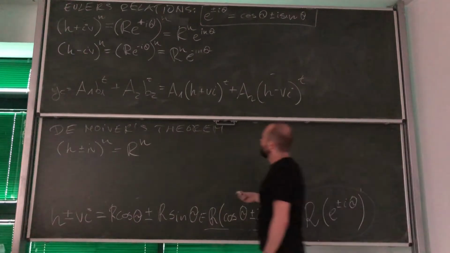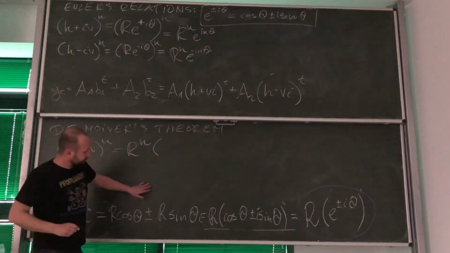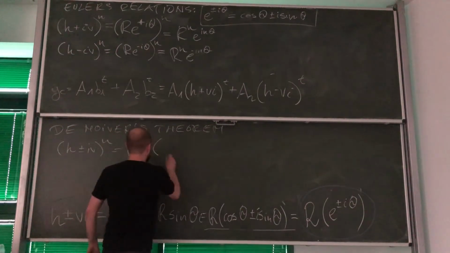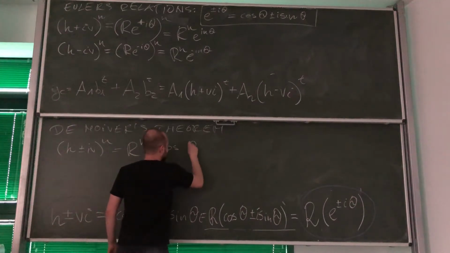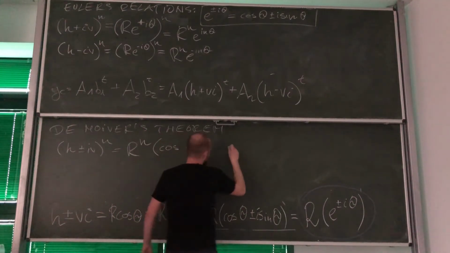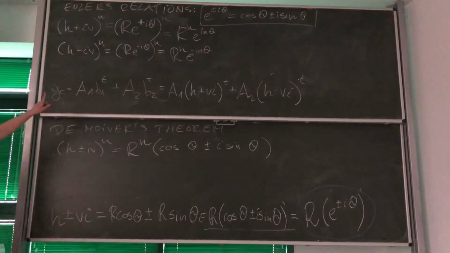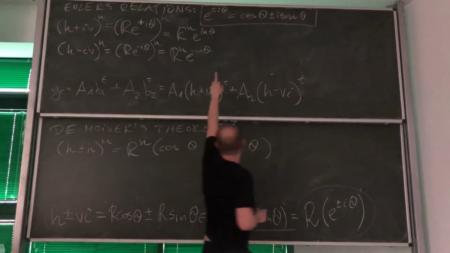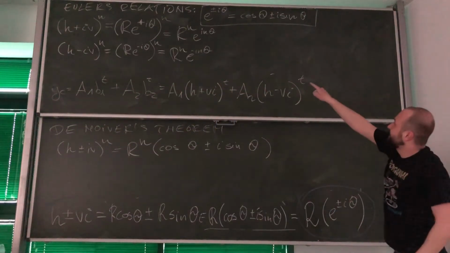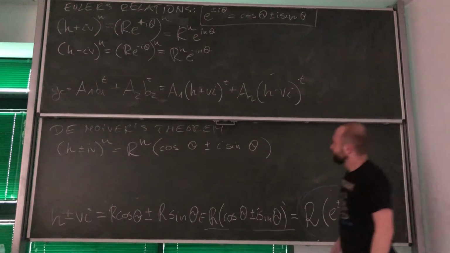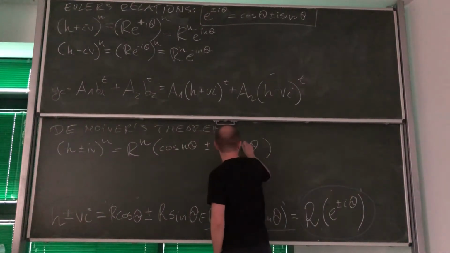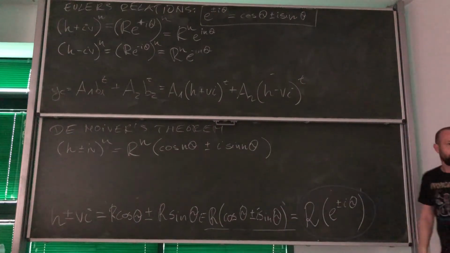How do we do it? Well, look, all we need to do is actually to change this expression. We will have cosine theta plus minus i sine theta, and just look where this should go. When we had this situation, this n is appearing next to theta, right? So it should be here and over here.